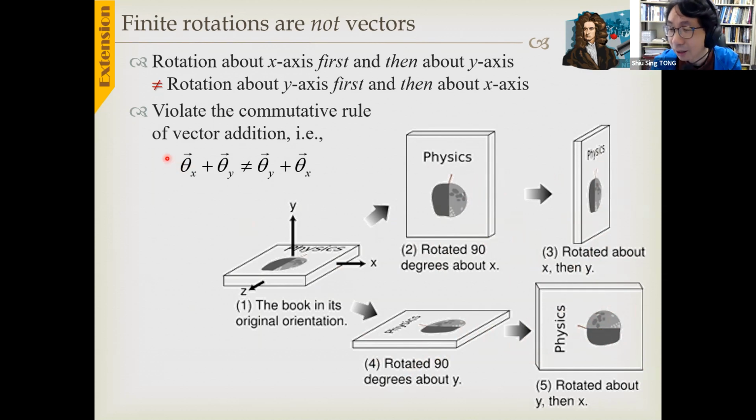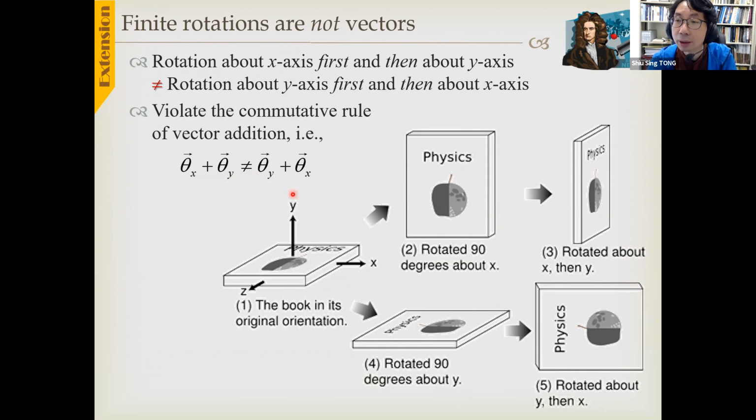Now, if you consider the rotation to be a vector, you will run into difficulty. Why? Because the addition of two vectors is commutative. That means when theta x is added to theta y, it must be the same as theta y added to theta x. The addition of two vectors should not depend on the order of the two vectors. Which vector goes first does not matter.